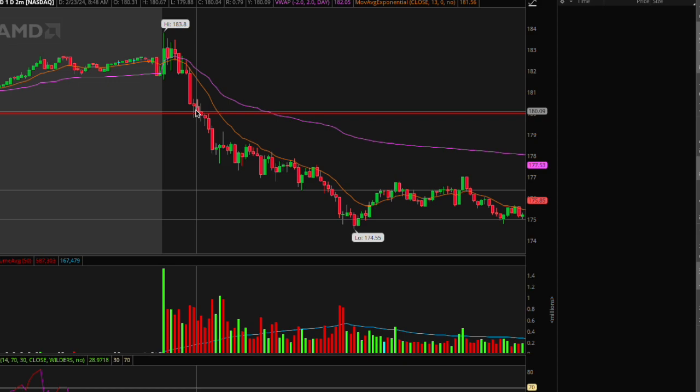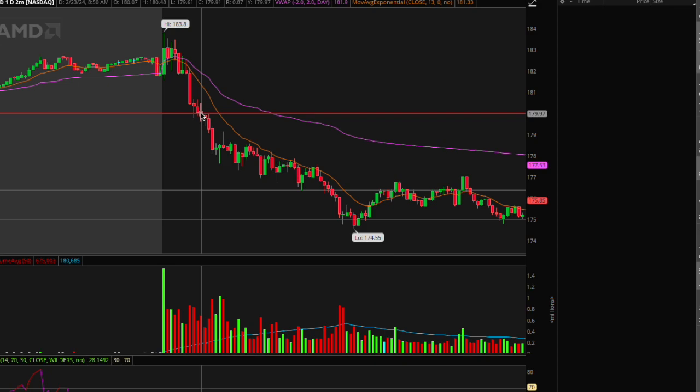That 180 area was potential support, and this was a mistake on my end. I could have waited to see if it broke below 180 and continued, and I could have made a lot more, but I'm still working on trading to the downside, and I was up 47%, and I didn't want to give back gains. 47% is a crazy good return. I'm usually aiming for like 20%. So to make double my usual target in the span of 5 minutes, you can take profits there.